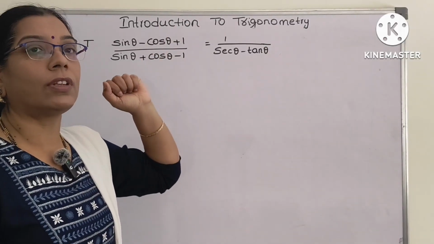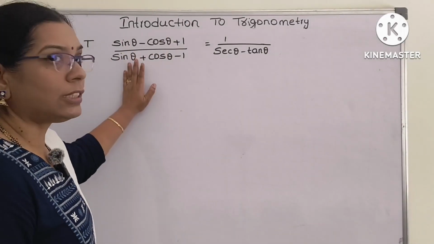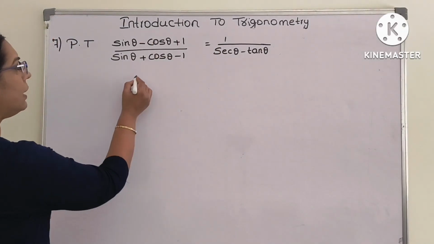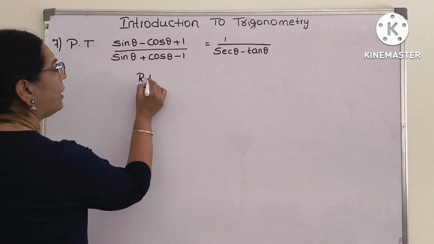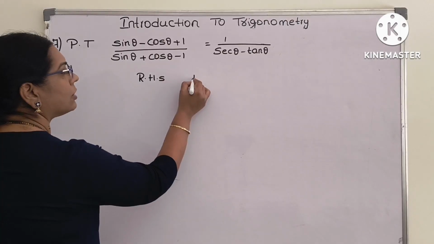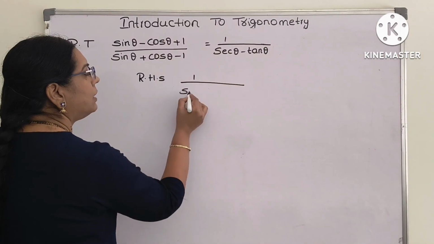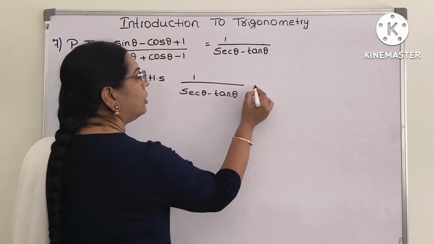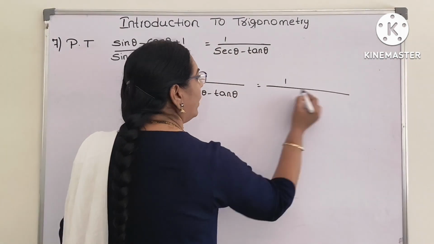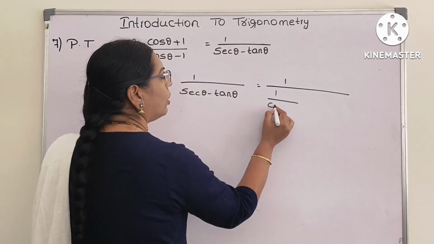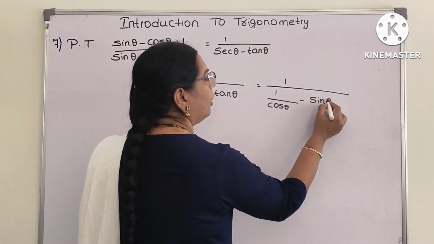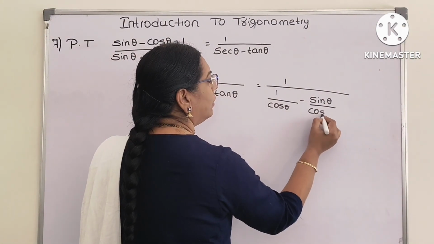What is the first thing that comes into our mind? If it is not possible to simplify the LHS, let us see if we can simplify the RHS and arrive at LHS. 1 by secant theta minus tan theta can be written as 1 by cos theta minus sin by cos theta.